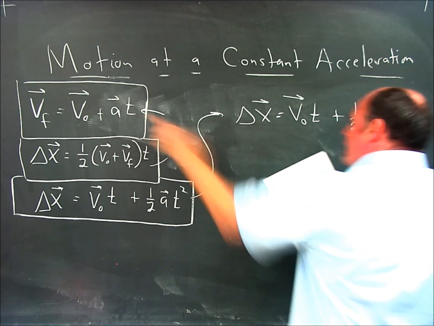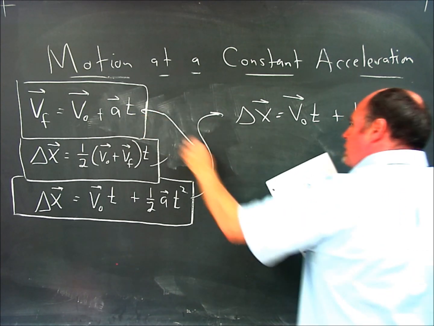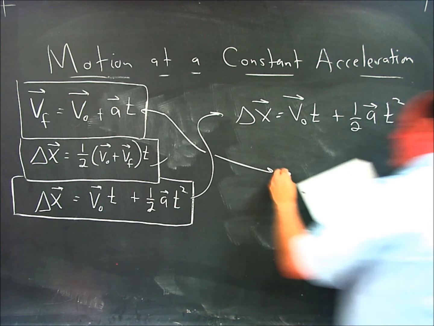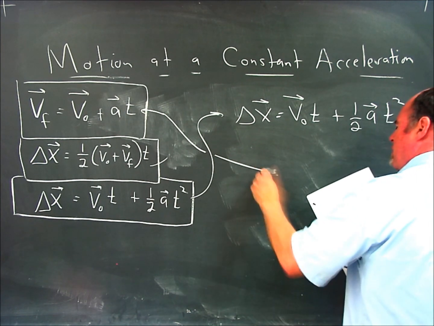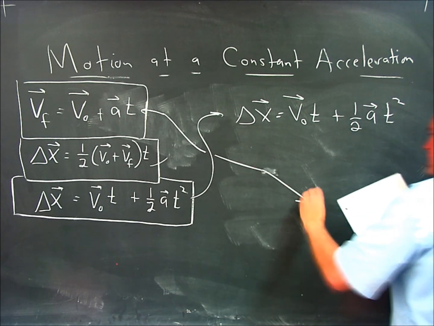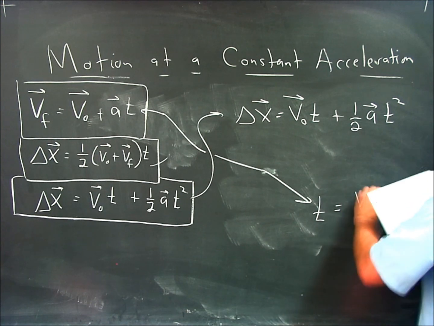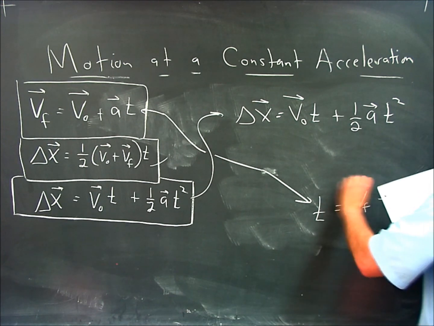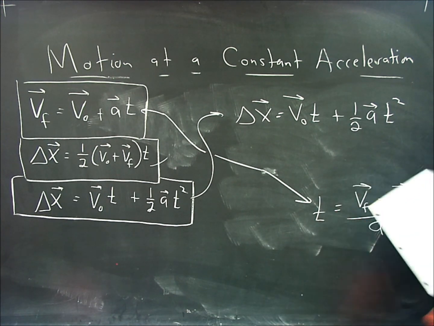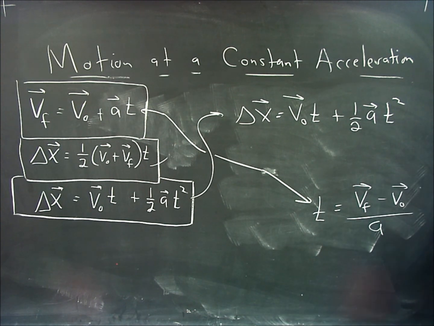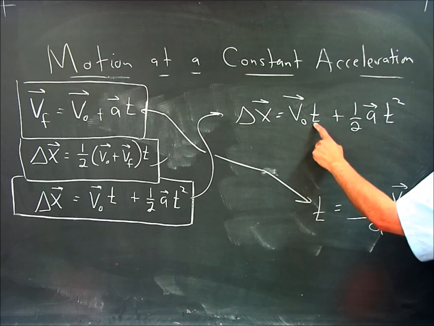If you rearrange it, you'd get that first formula to look like this. You would say this: t equals v final minus v initial over a. Okay? So I could expand upon this formula by plugging in the t's.